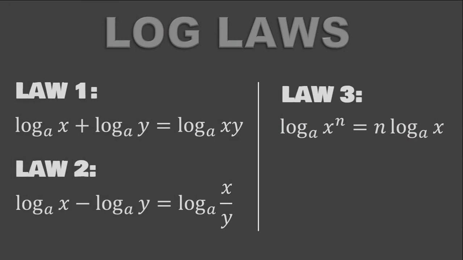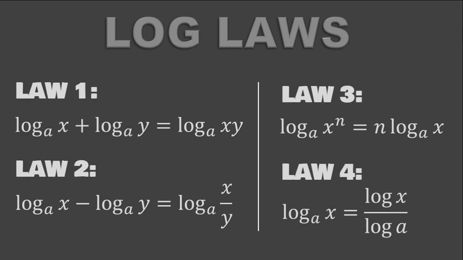Okay, law 3 done. Let's look at law 4. Law 4 says that if I have a log with base a and numerical value x, I can expand it and write it as log x over log a. Now when we do that, remember, when a log does not have a base, it is to the base of 10.